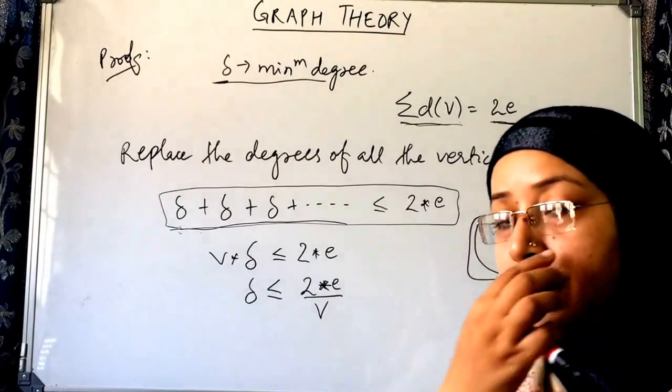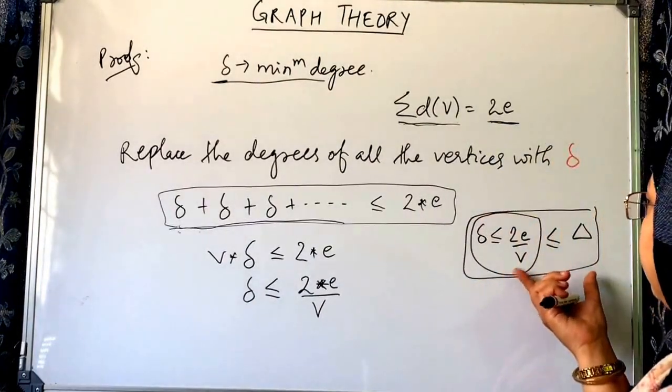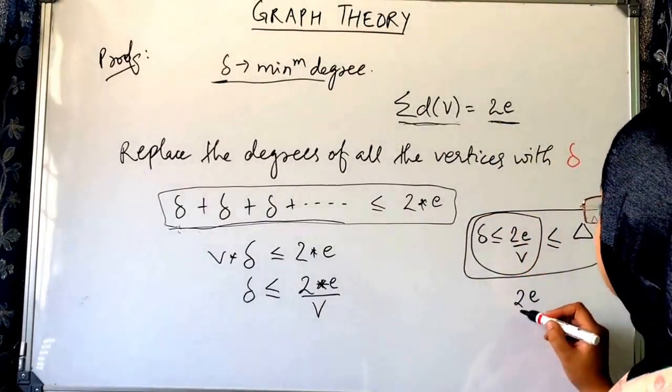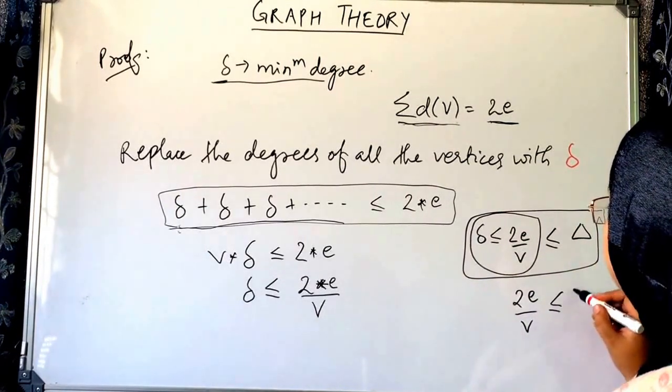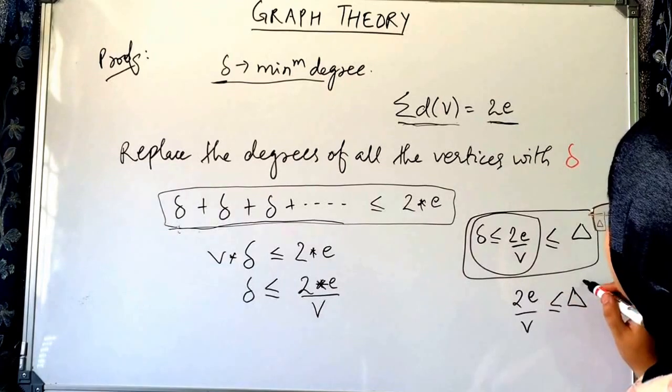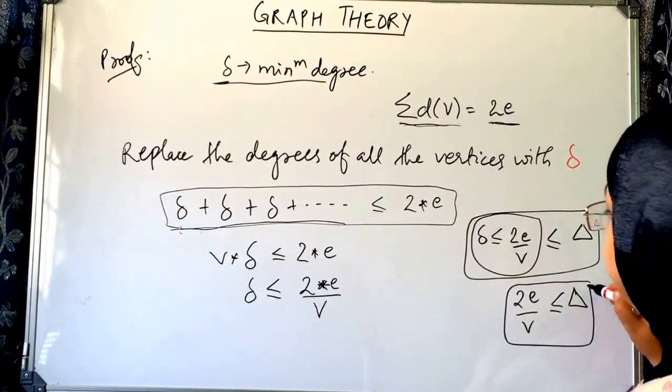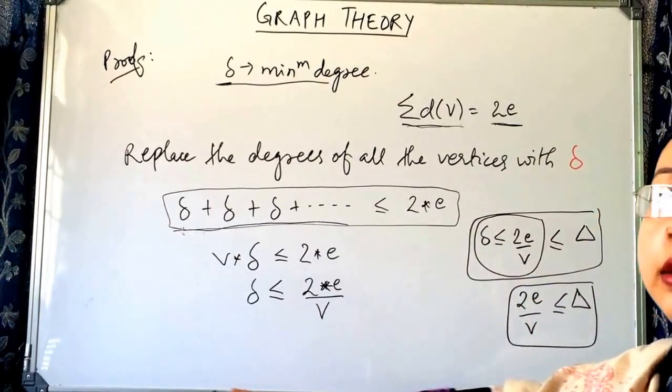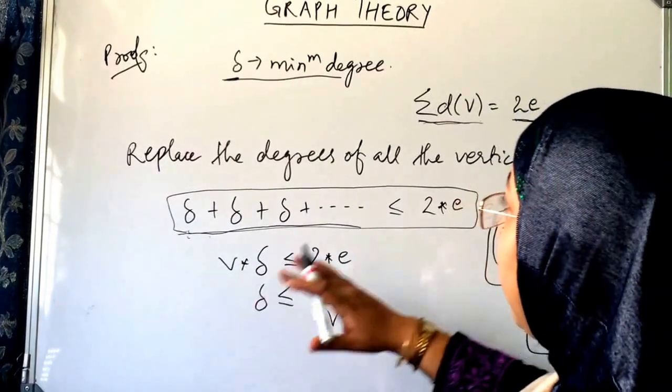Now we'll prove the other half, that twice E by V is less than or equal to delta. This I will prove now. The same thing I will use here.